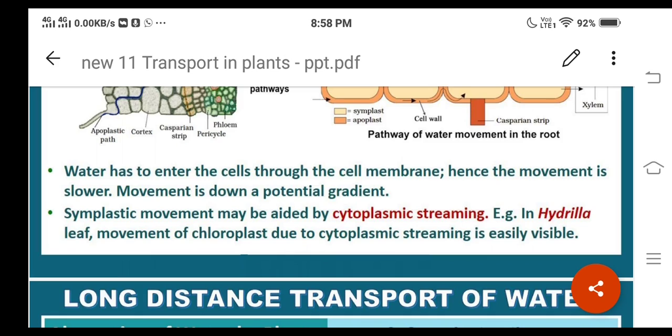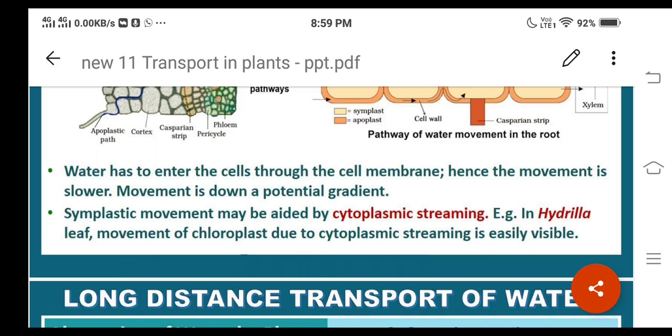That cytoplasm may move in two directions: one is the clockwise direction and another one is the anti-clockwise direction. For this process we call it cytoplasmic streaming. To understand the process, symplastic movement may be aided or assisted by the cytoplasmic movement.